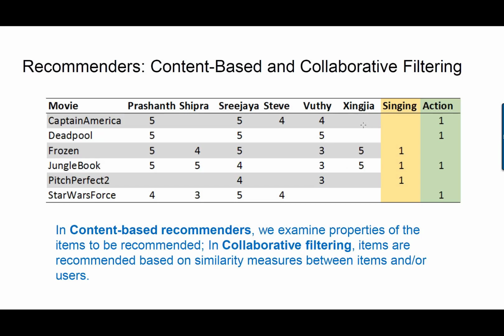With content-based recommendations, you need to build a list of items. You need to have some method of creating profiles for your different items. So here I just arbitrarily assigned singing and action. One could do this by hand.